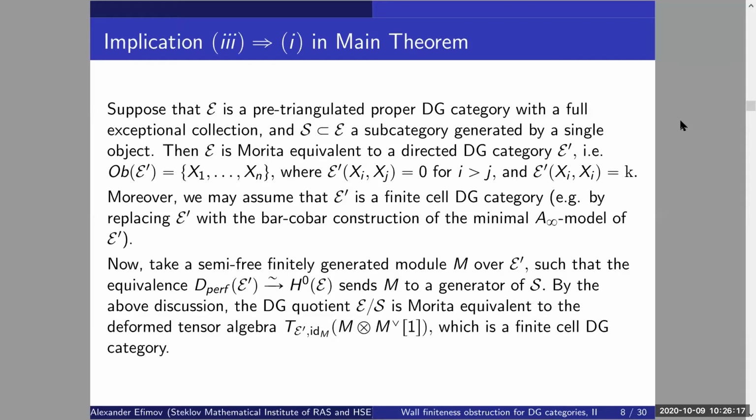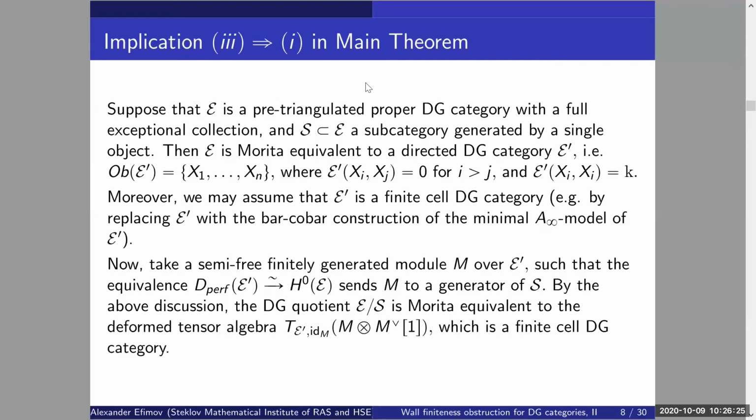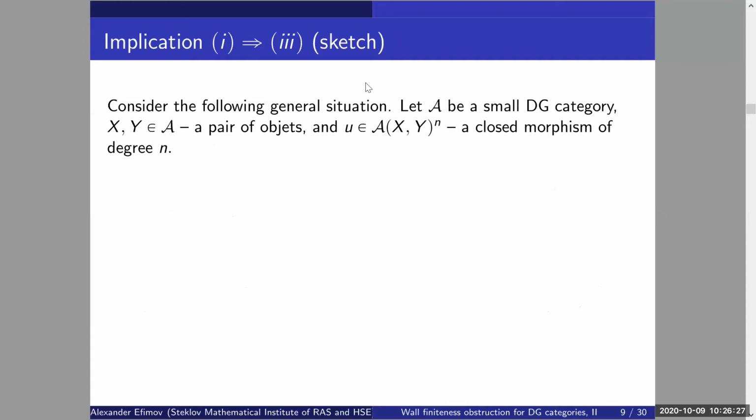Now we want to do the reverse implication. We want to show that if the DG category is finite cell, then it is Morita equivalent to a quotient of a category with a full exceptional collection by some single object. So we need to look a little bit at the general situation where we have some small DG category and we're just adding a new morphism.